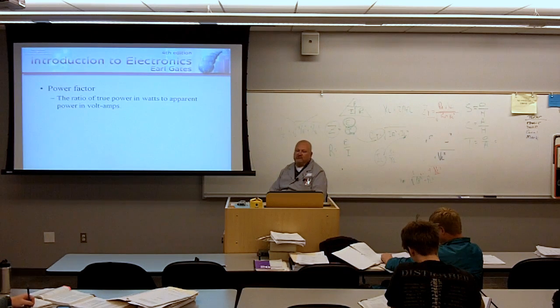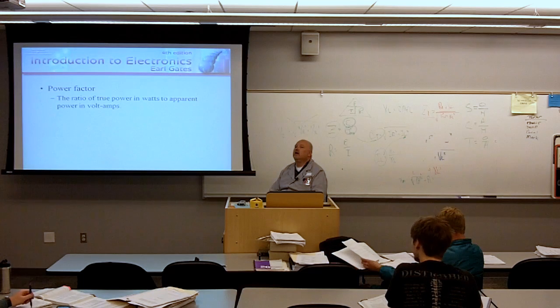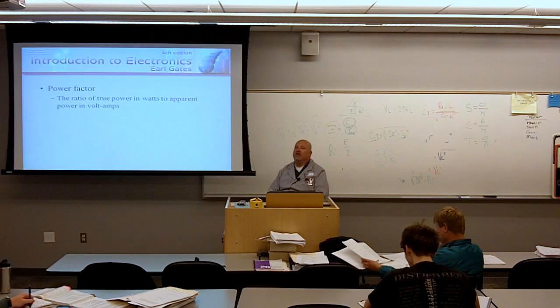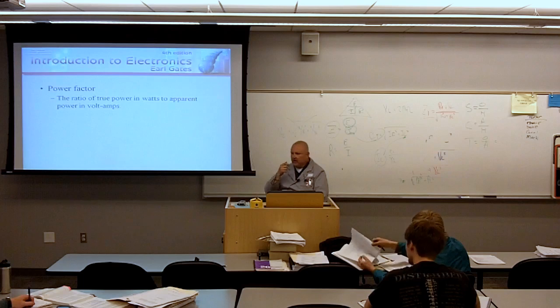Power factor is the ratio of true power in watts to apparent power in volt-amps. True power is measured in watts because true power is the only power that's actually being consumed in the purely resistive element of the circuit. Is the reactive element of the circuit consuming any power? No.